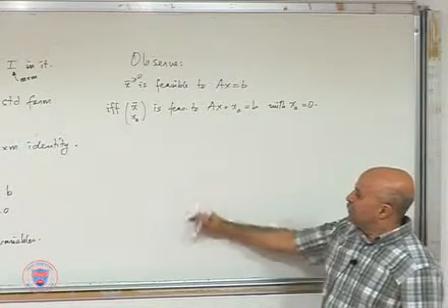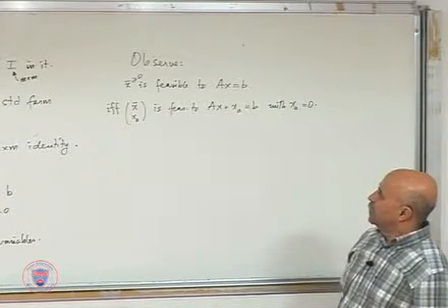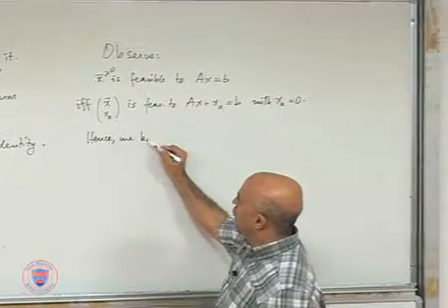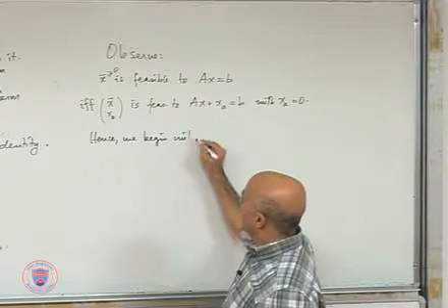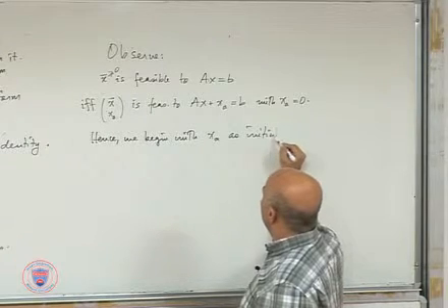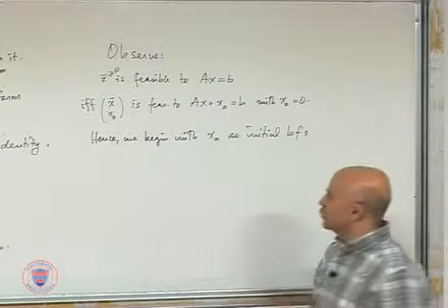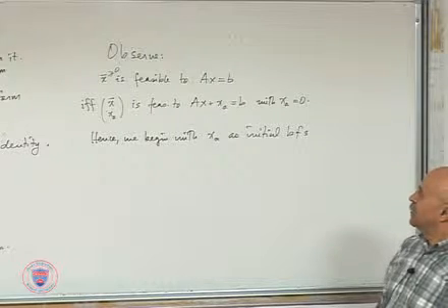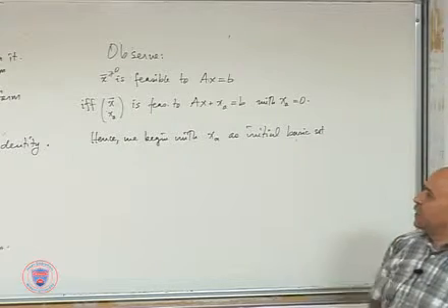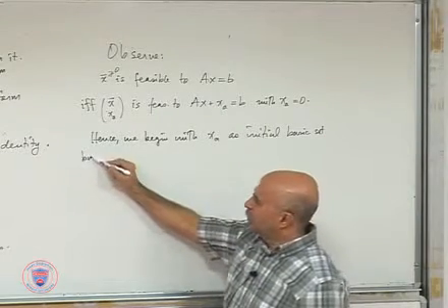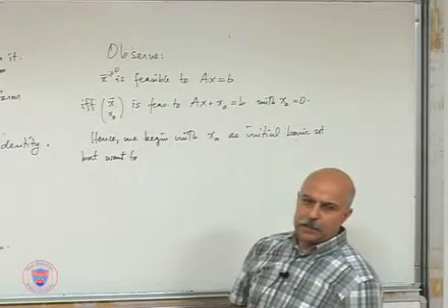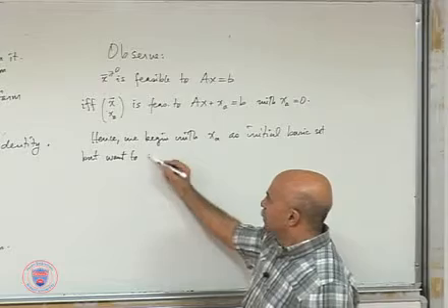All right. So what do we do here? Hence, we begin with XA as initial basic feasible solution, or basic set of variables, but want to obtain XA equals 0 when we optimize.